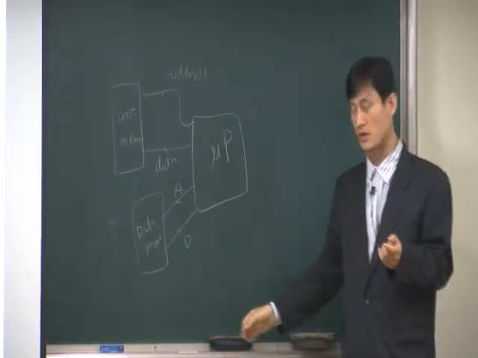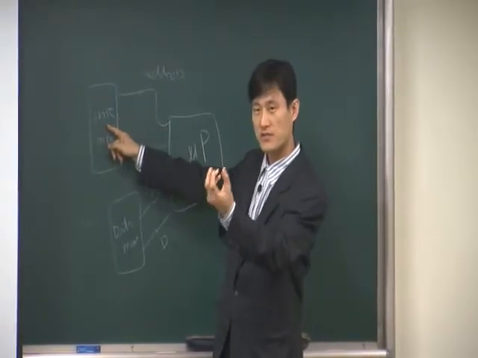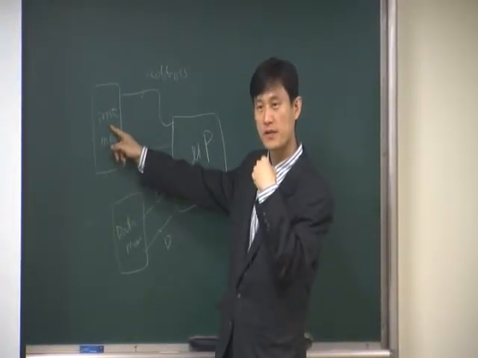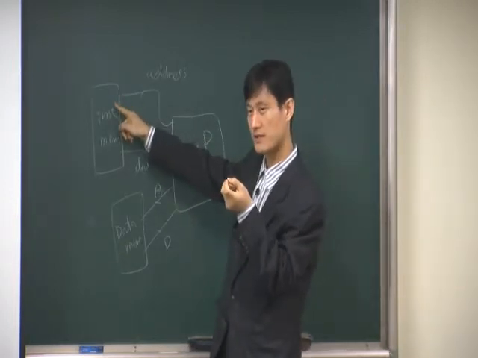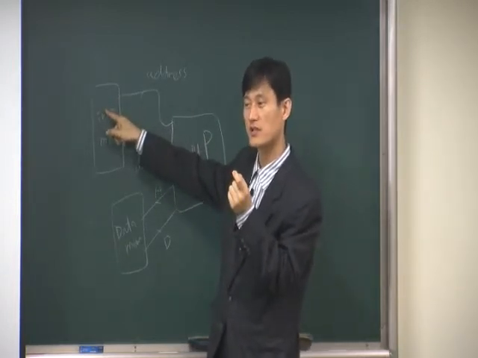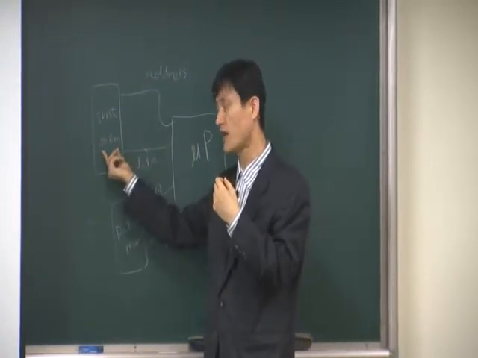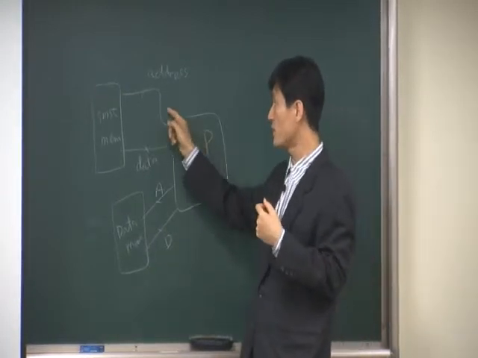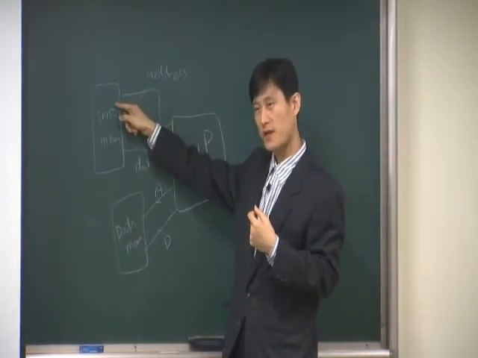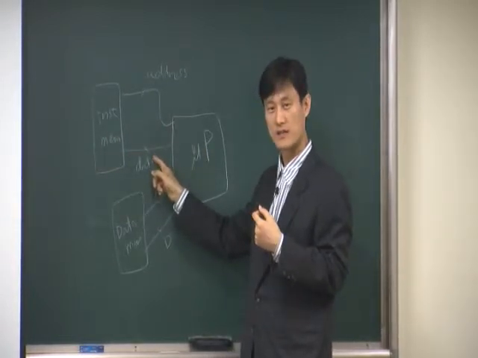Here's how things work. Generally, let's say you want to read some instructions from instruction memory. Then this microprocessor sends out the address of that particular instruction. Then this memory will return that value to the microprocessor. So the address value goes into the address line, and the actual value goes back with the data line.